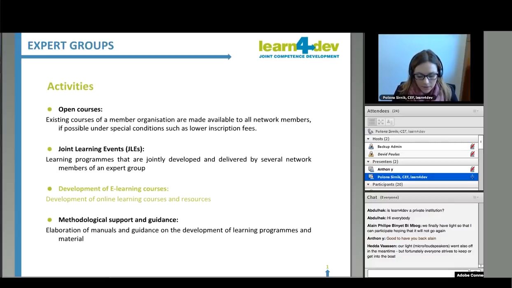Just to sum up, Learn for Dev network enables its members, which are donor organizations, to cooperate in joint competence development and learning of their staff, with the aim to improve aid and development effectiveness.